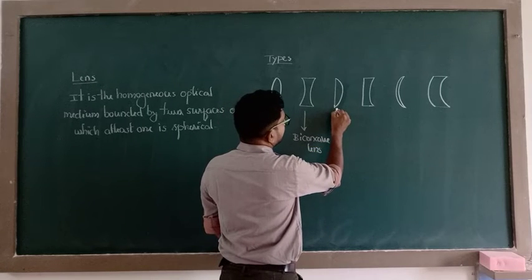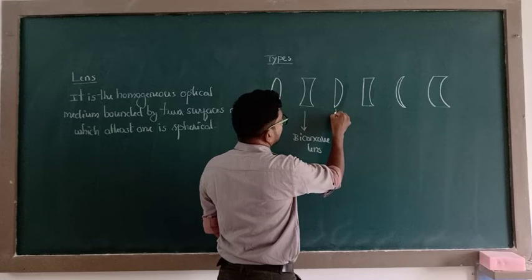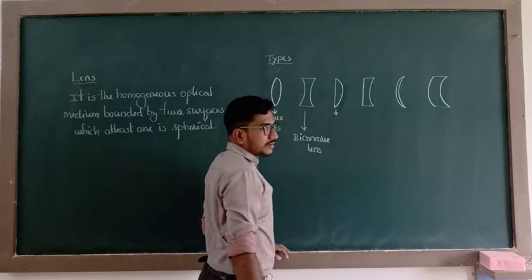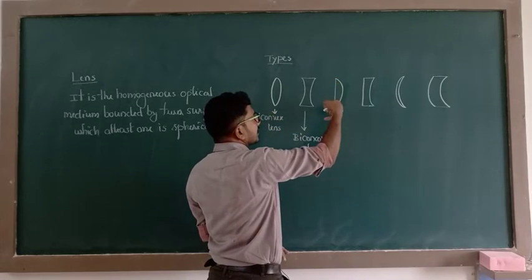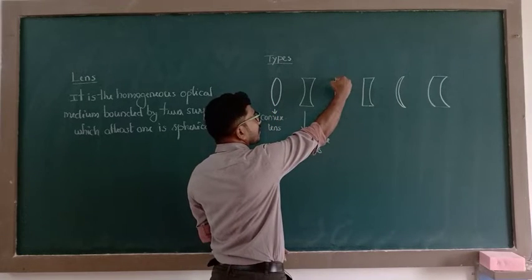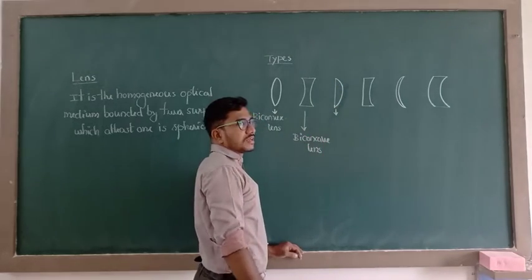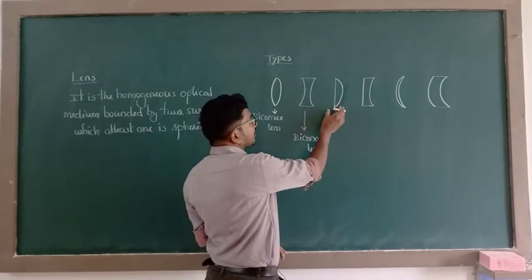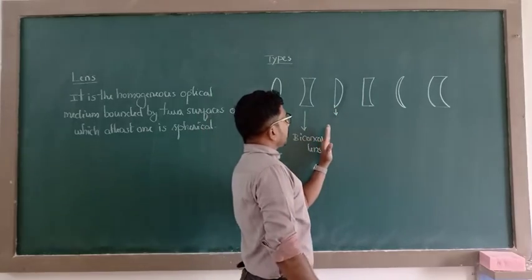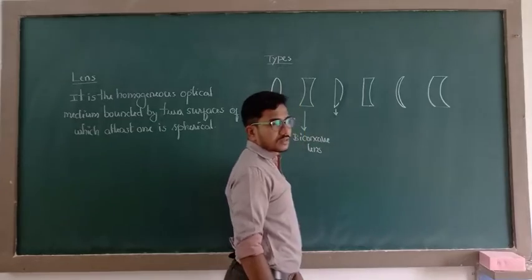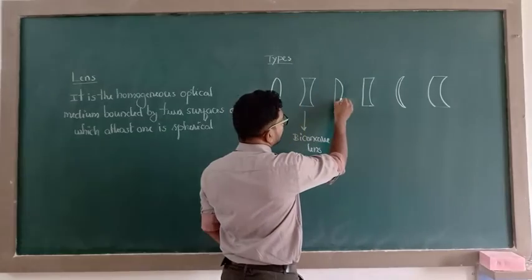And here one side is plane and another side is a convex shape towards a rarer medium. Therefore, name of this combination is plano convex lens.